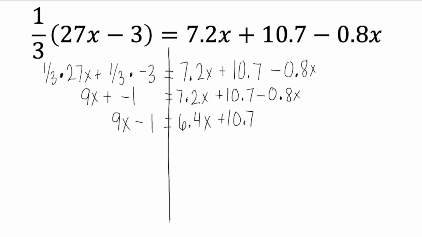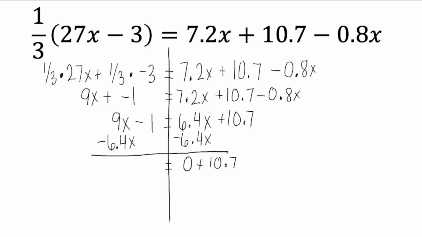Subtract 6.4x from both sides of the equation. 6.4x subtract 6.4x equals 0. 9x subtract 6.4x equals 2.6x.